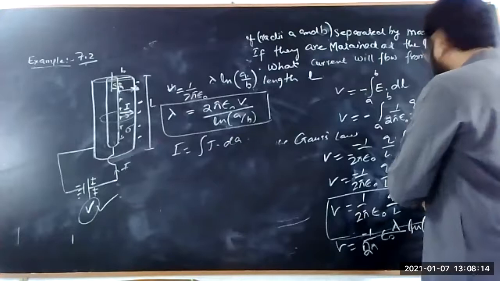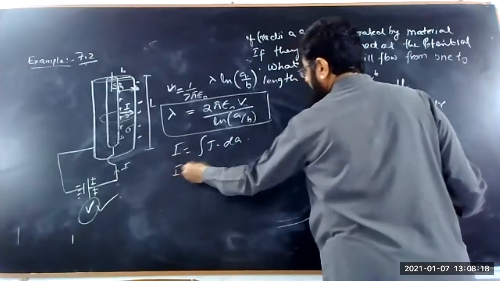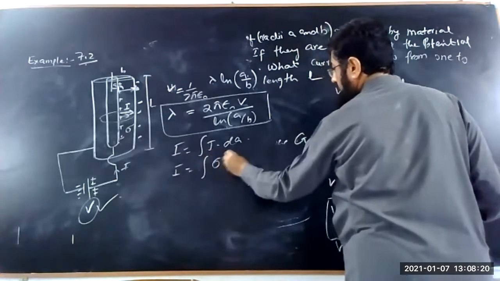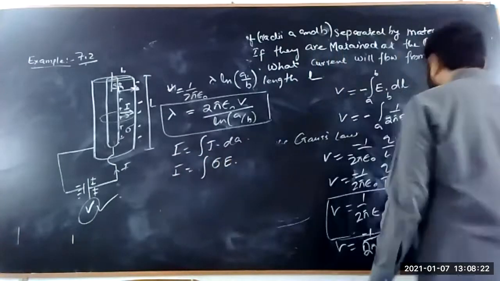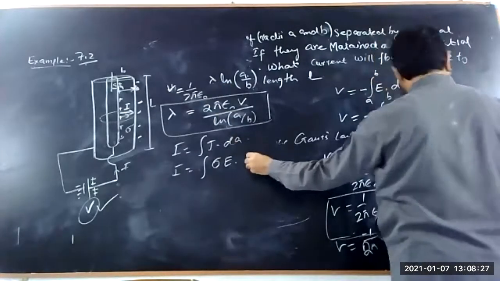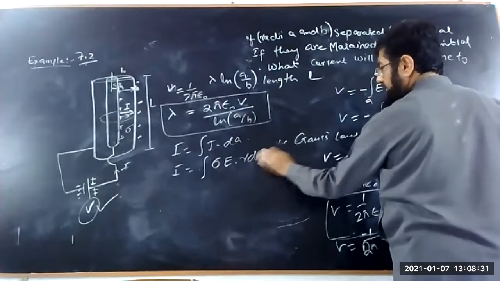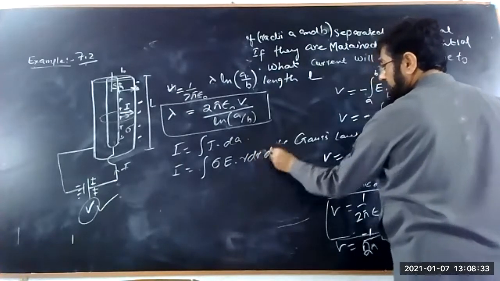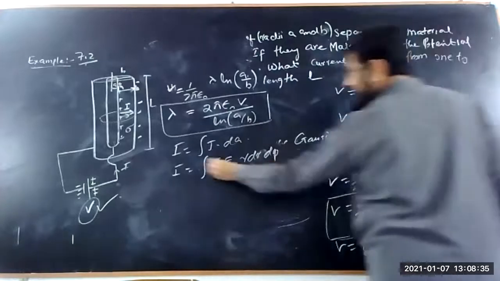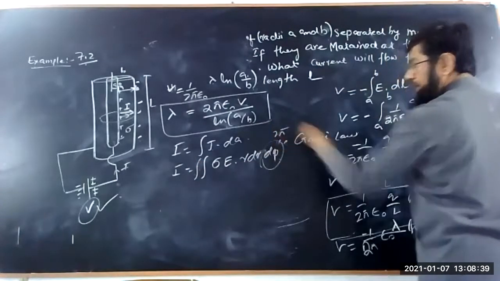So J is equal to sigma into E. I is equal to J dA, which is sigma into E dA, and the area element of the cylinder is equal to R dr d phi. And this double integral over d phi, its integral is equal to 2 pi.